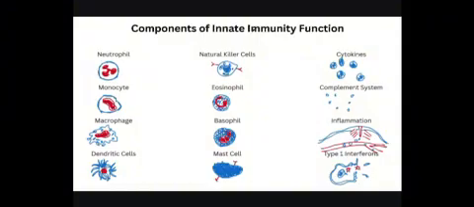There are also macrophages and monocytes. Monocytes can become macrophages, and macrophages engulf microbes and dead cells. They also release cytokines. There are also dendritic cells, which detect abnormal MHC molecules and can induce apoptosis on infected cells.